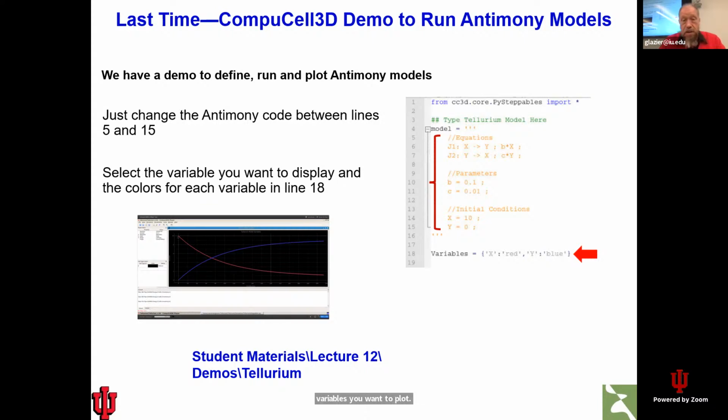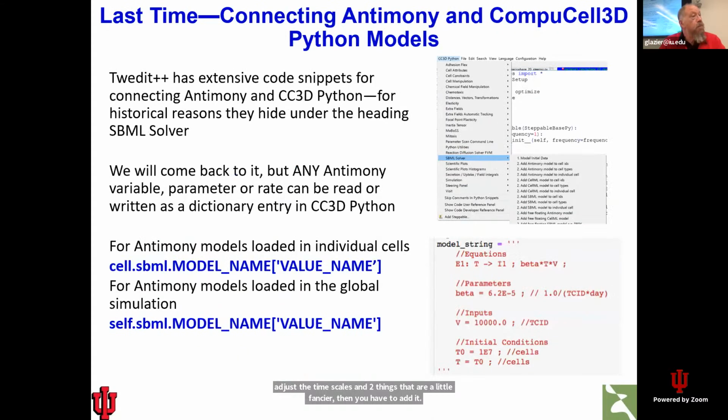Now, if you want to adjust the time scales and do things that are a little fancier, then you have to edit the code a little bit more, but this was designed as an introduction. We began to talk about how to connect CompuCell cells to the antimony model, and effectively, as is usual in CompuCell, we use Python dictionaries as ways of connection.